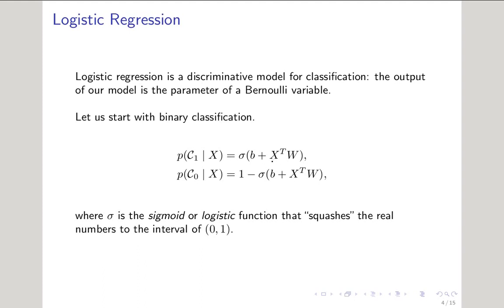That's the form that we remember from linear regression. The difference here, however, is that we have the function sigma encapsulating everything. Here, sigma is the sigmoid function, also known as the logistic function. This function forces the values of X transpose W plus beta to stay in the interval from 0 to 1.